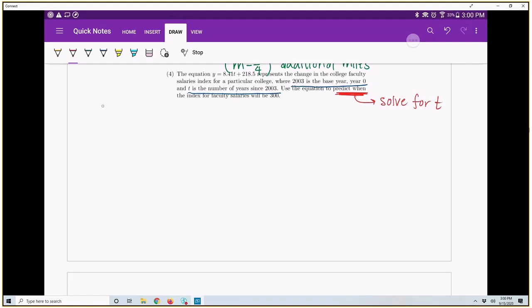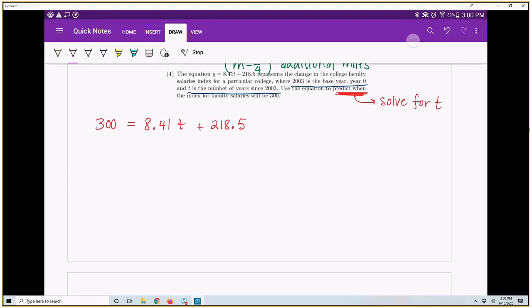Since the equation tells us about the salaries, I'm going to replace y by 300 because that's the target I'm looking for, and then I'm going to solve for which value of t corresponds to that y. And then I just have to remember, in the end, this t is actually years since 2003, so I'll have to take that into account. But let's start here with 300.